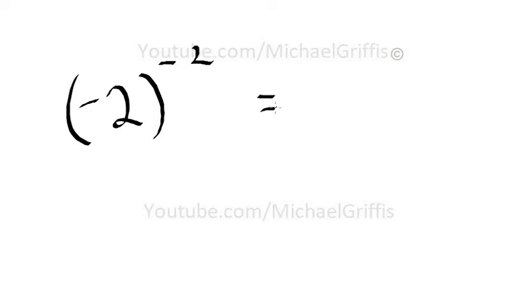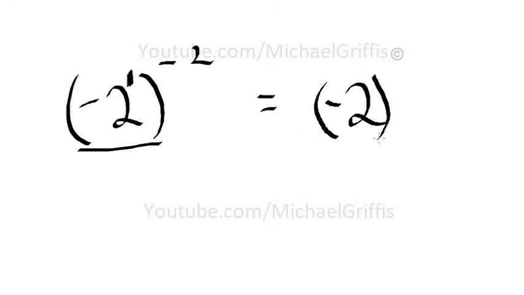All right, let's look at another one here. We've got negative 2 raised to the negative 2. Let's rewrite this with positive exponents. There's a 1 right here, so we can rewrite this. Now, we have to be careful about this one, because this is in parentheses. So this becomes negative 2, but it's still in parentheses.